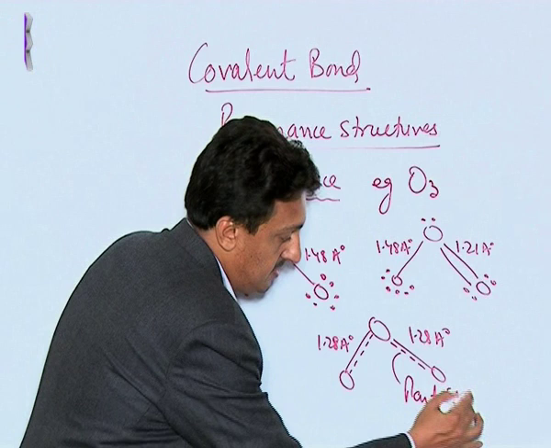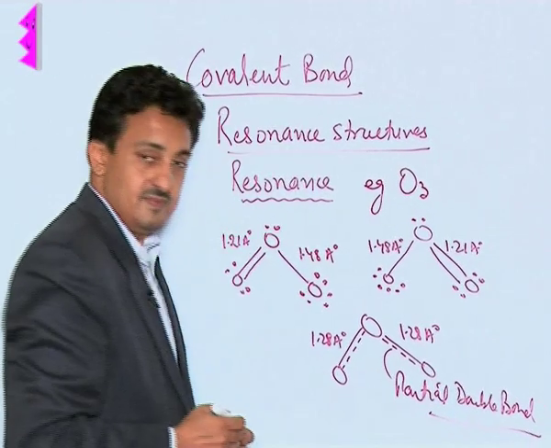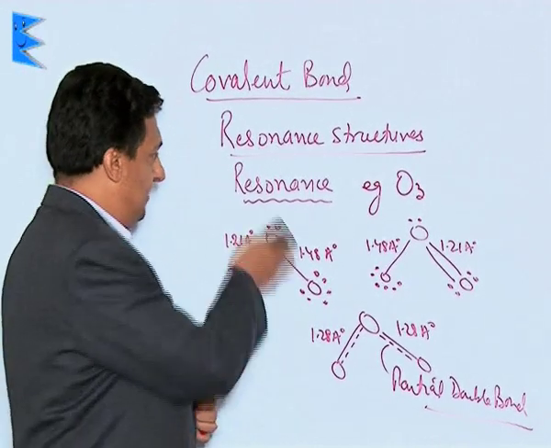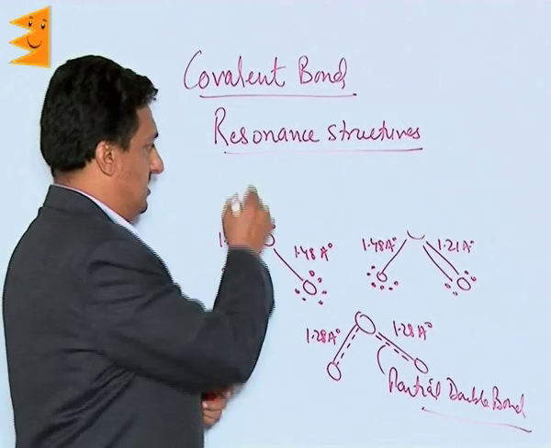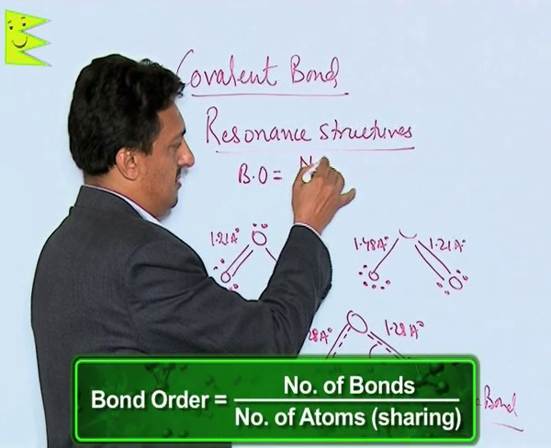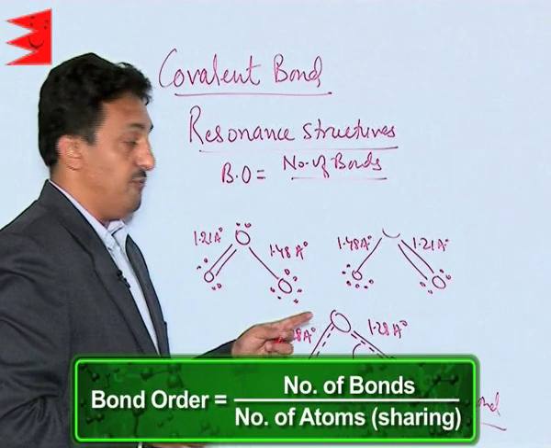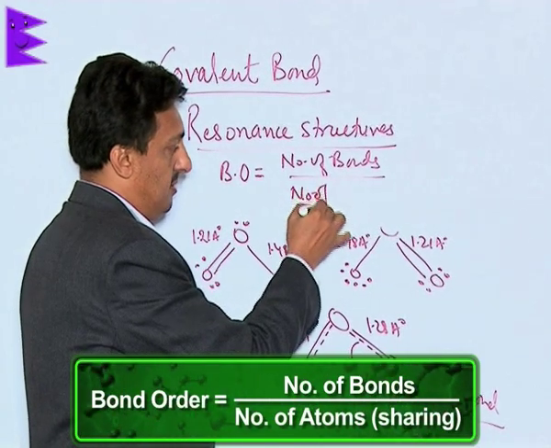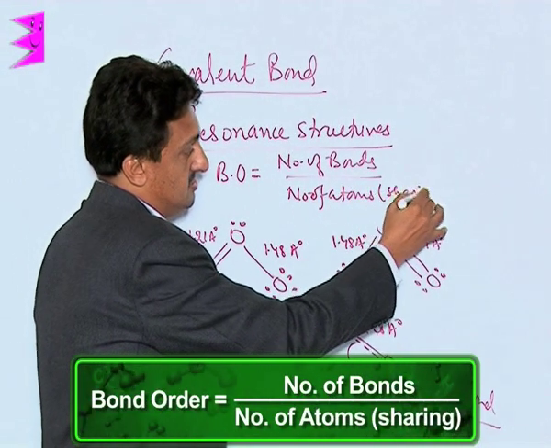And we call these a partial double bond. And remember, the bond order in this case will change. How will it change? The bond order is the number of bonds formed by the central atom and the number of atoms sharing them.